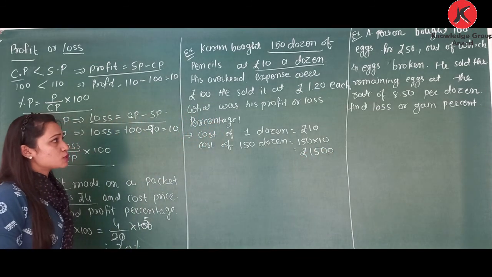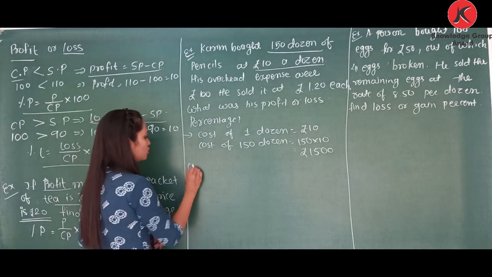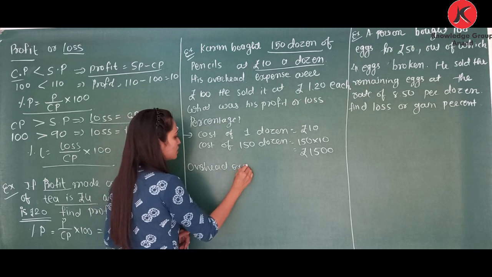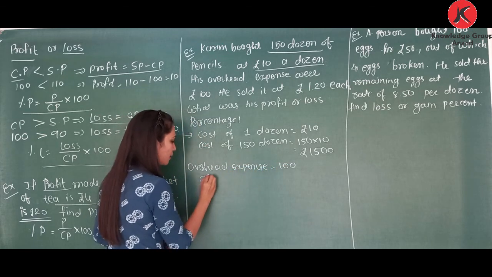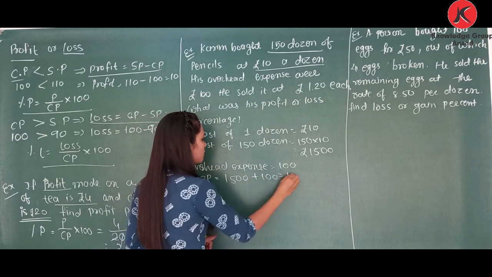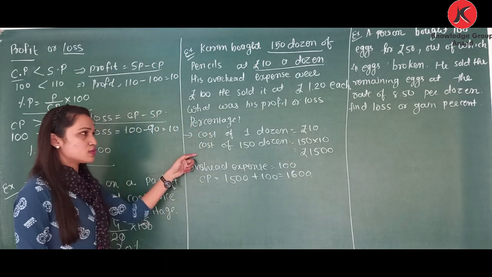His overhead expense is 100 rupees. So CP is 1500 plus 100, which is 1600. This is the cost price.